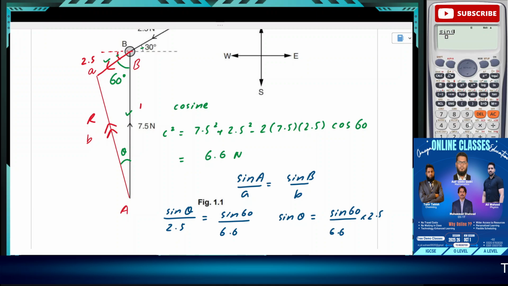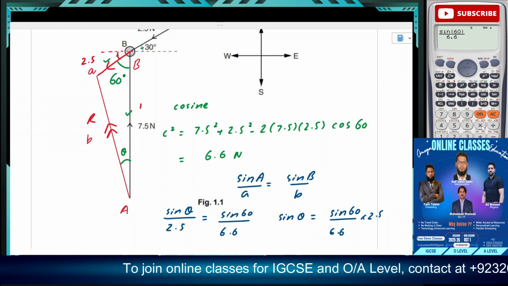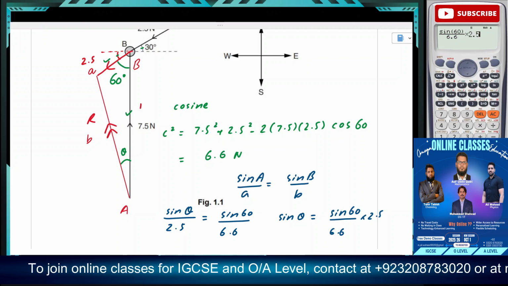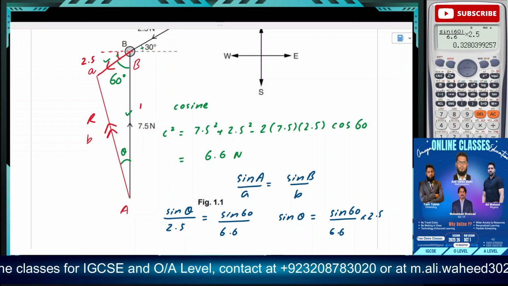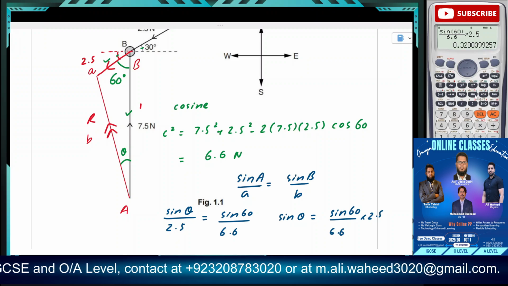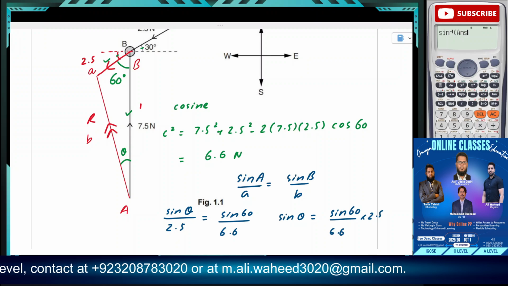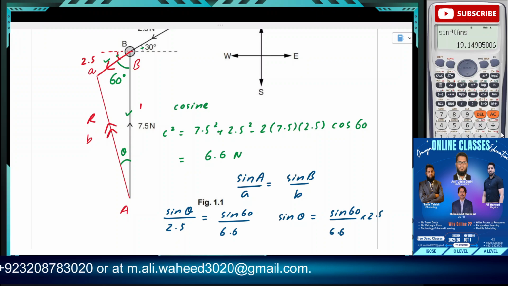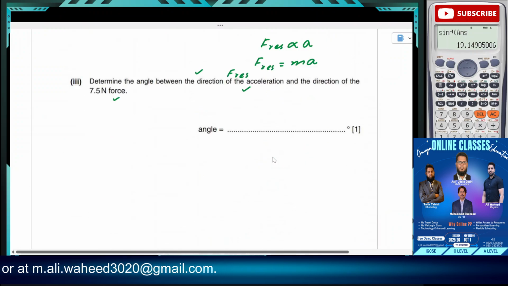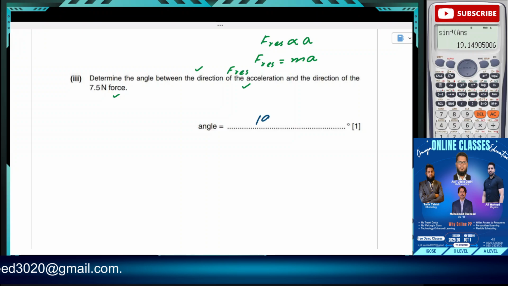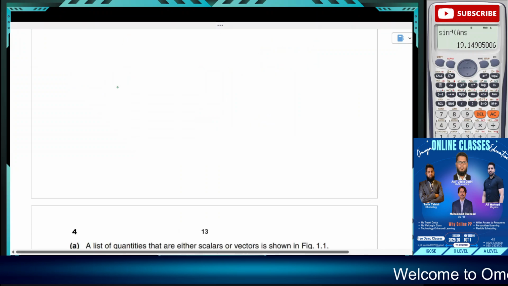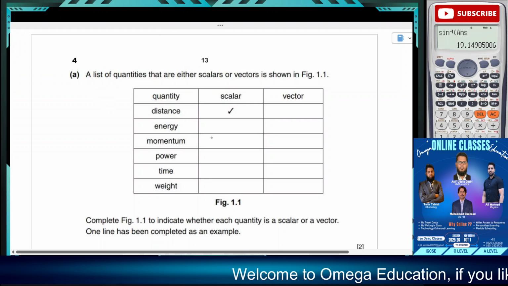So fraction sine 60, bracket closed, 6.6 in the denominator, times 2.5. Whatever the answer is, you take sine inverse of the answer, you get 19.14. In 2SF would be 19. Let's move on to the next one.